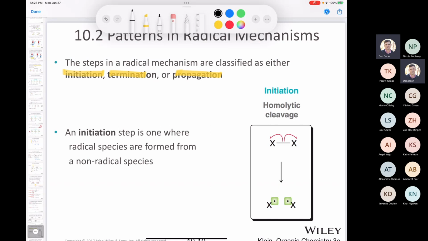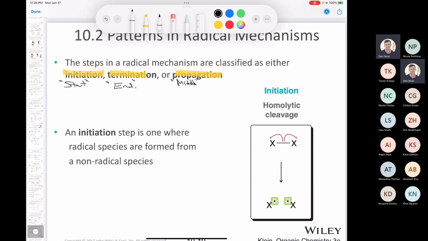Initiation, as you can imagine, that's starting off, so that's the start or initiating. Termination is the end. That's when it's done. So this is like the first step. This is going to be the last step. And then propagation is like propagating something. It's like kind of the middle. So we'll put propagation as kind of like the middle, and this is just in quotations, all right?